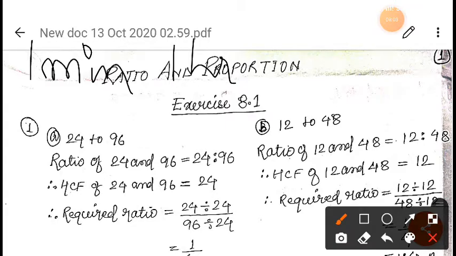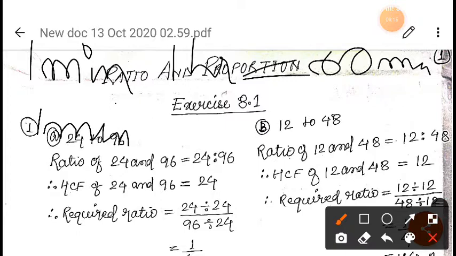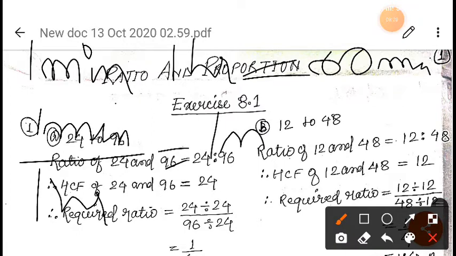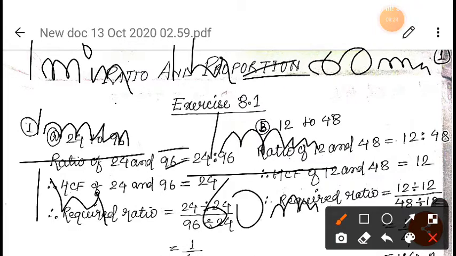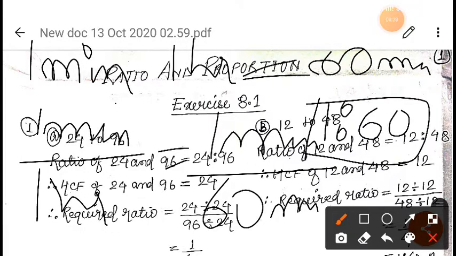How can we find it? 1 minute will be as it is, but 1 hour is what? 60 minutes, right? So we can compare like this: 1 minute divided by 1 hour, where 1 hour is 60 minutes. So the ratio will be 1 is to 60. In this way you can find the ratio.